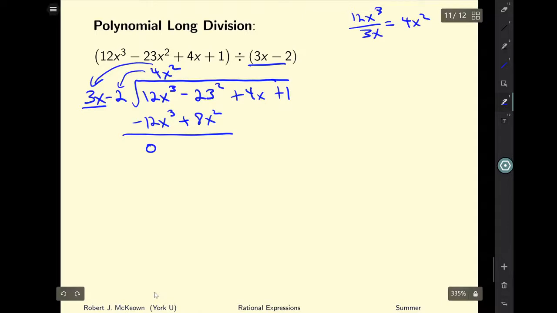As we always want, 12x cubed minus 12x cubed is 0. Now I've got this negative 23, oh, excuse me, I didn't write it correctly. I should write it as x squared like that. Plus 8, that's going to give us minus 15x squared.